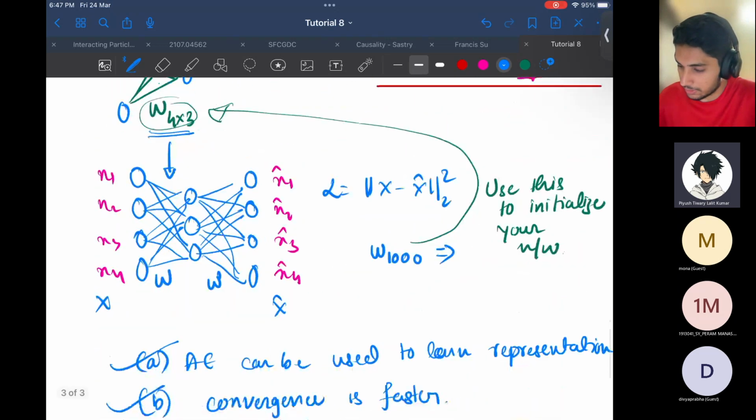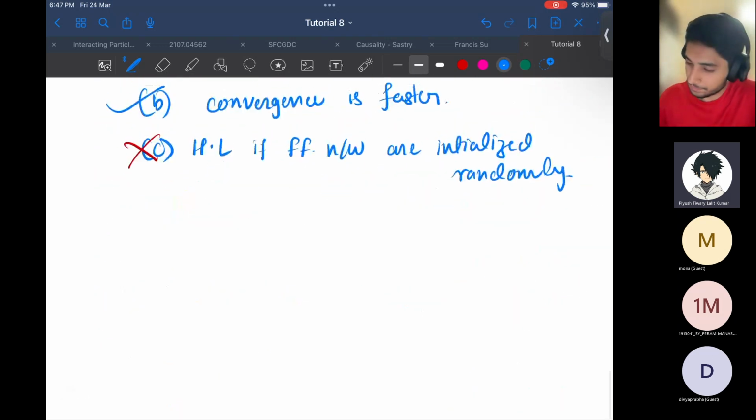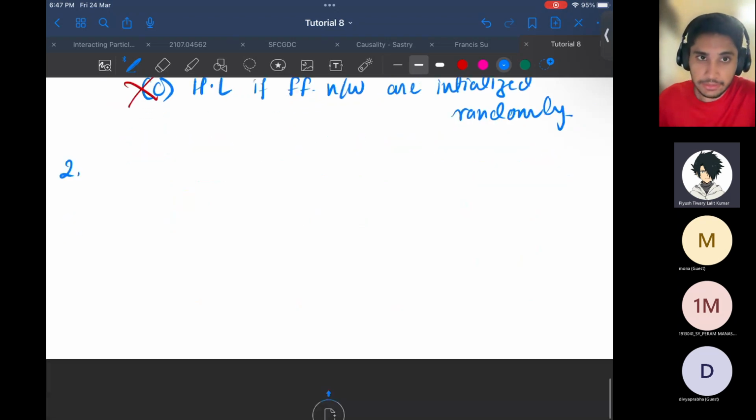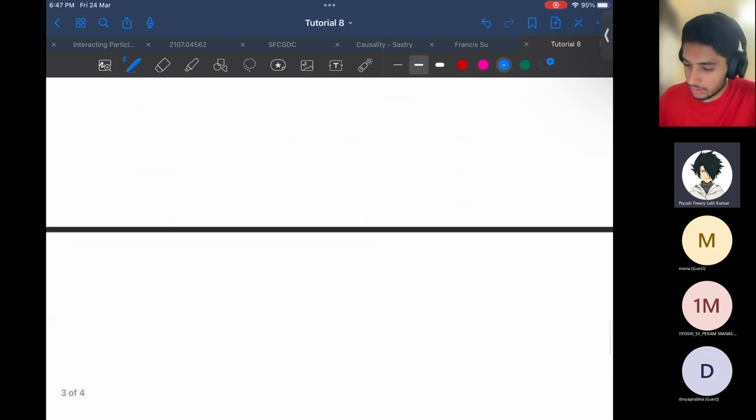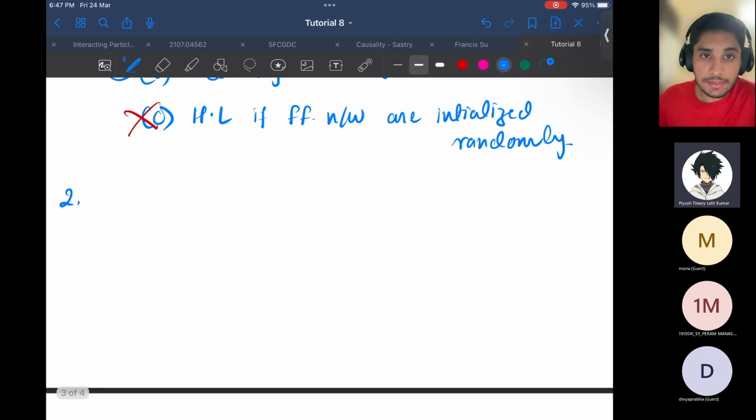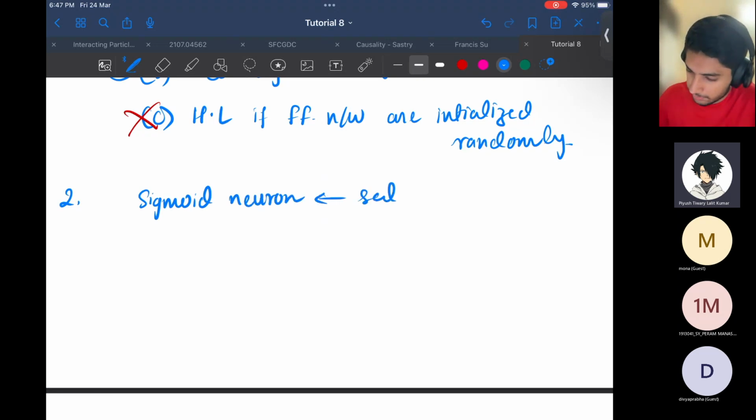Okay. So this was the first question. Let's see the second question. The second question says that we have observed that a sigmoid neuron has become saturated. What might be the possible value of output of this neuron? So we are asking about something called a sigmoid neuron, and we are told that this is saturated.